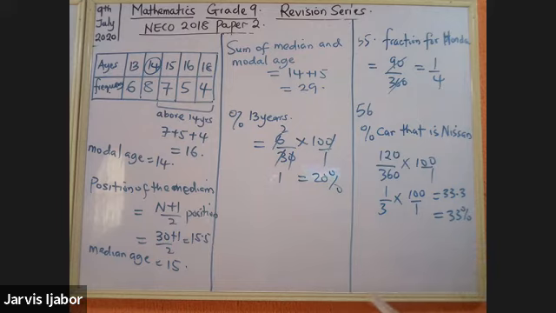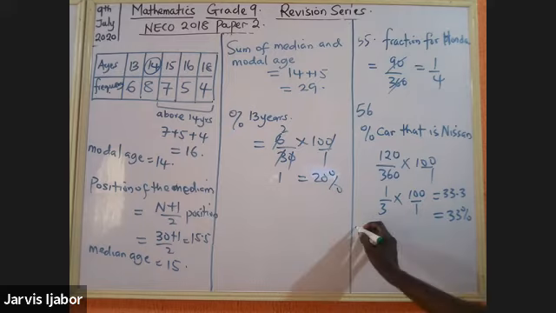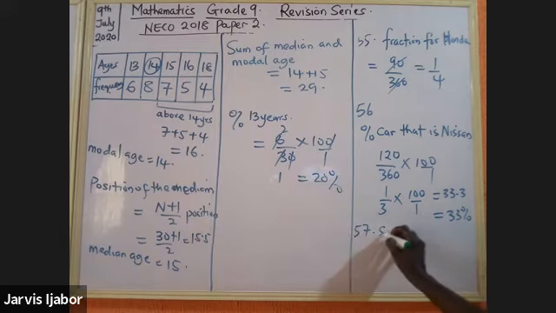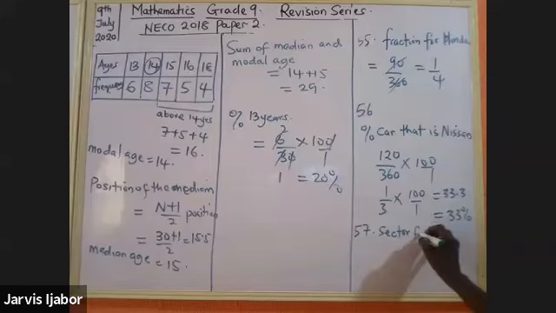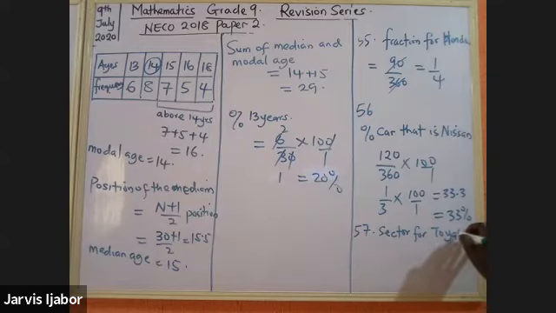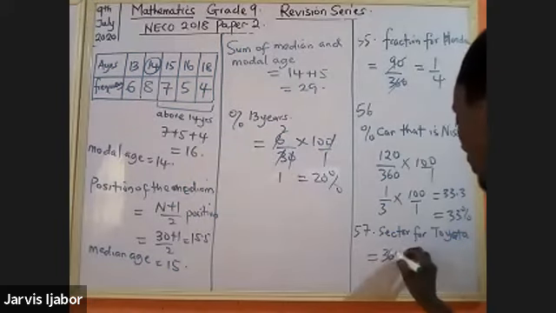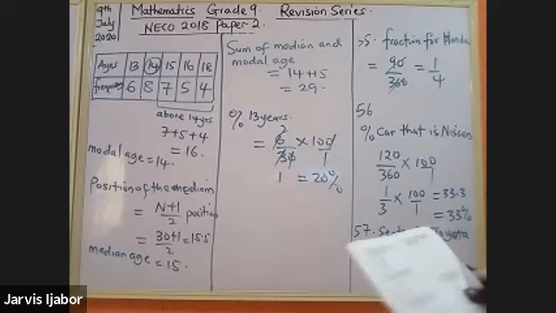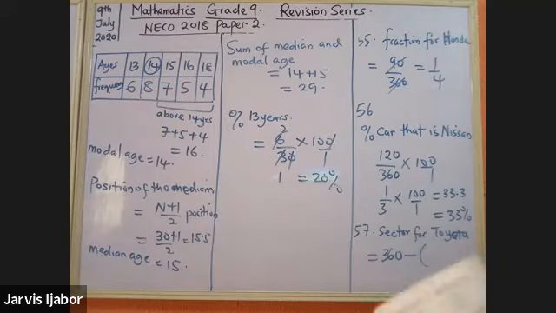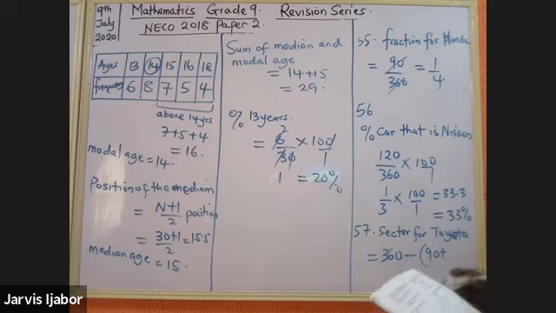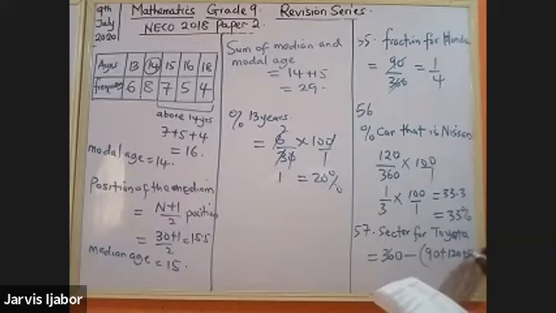Now 57. Calculate the sector that represents Toyota. The sector for Toyota will be equal to, angle at a point is 360 minus, if you go back to the diagram, 90 plus 120 plus 50.